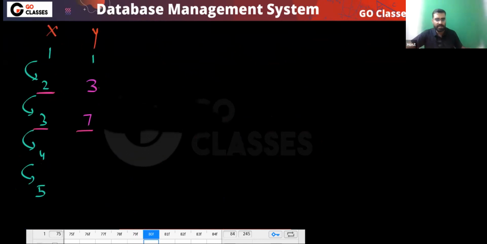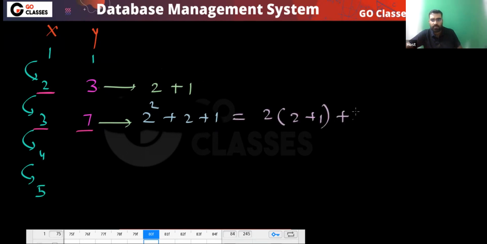But you can actually see another method. This value is 2 plus 1, right? What is this value? You again multiply by 2, plus 1. Correct? So actually, if you notice, this is like 2 into this plus 1, right?